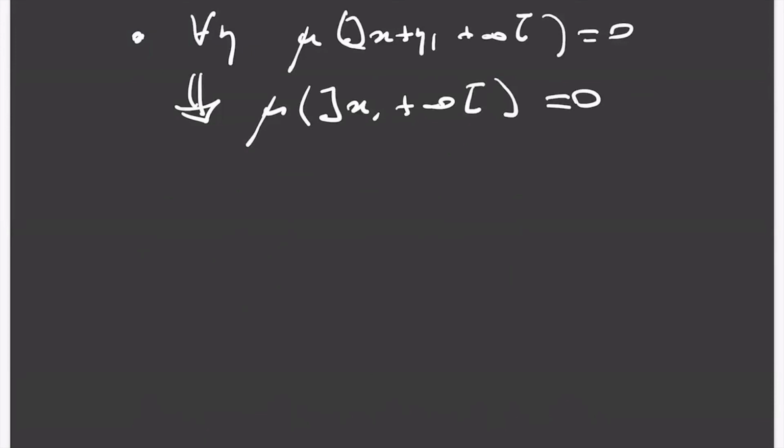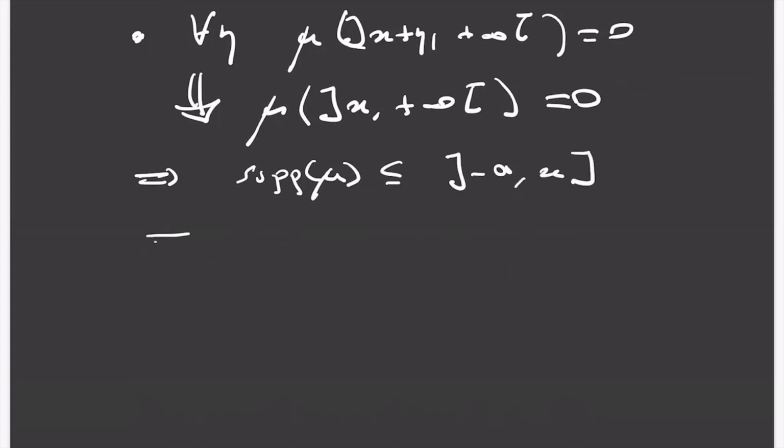And so this means that the support of the measure mu is included in the interval minus infinity to x, and so it is for the convex hull of the support of the measure.